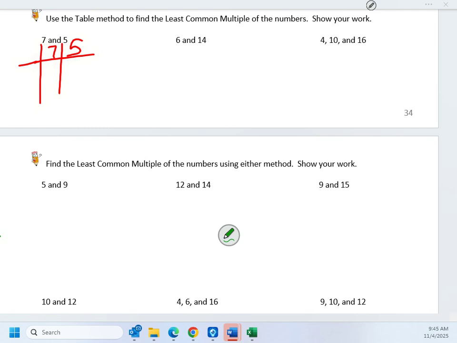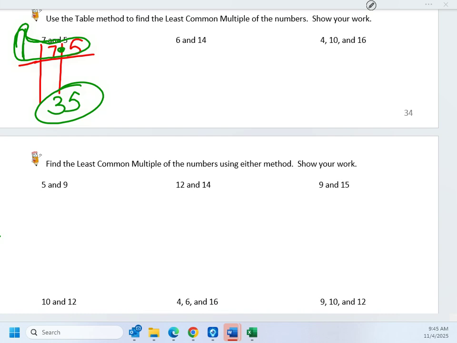So this one, you really don't have to do any work. Your L, there's nothing on the left. We're just multiplying that 7 and 5 together. Like what Michael was just asking, what if that is your least common multiple? Then that's all you have to do. But you're showing your work.